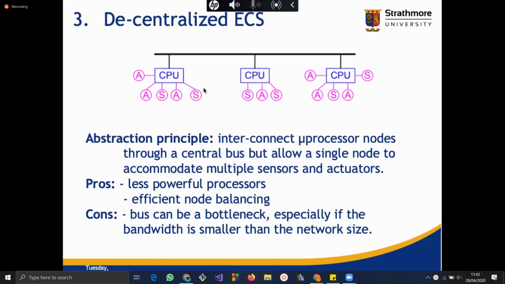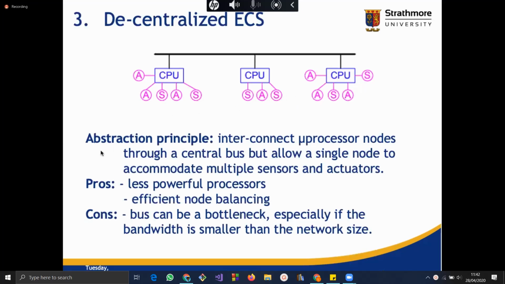So you'll have 3 sensors on that, and if you want it to do more tasks, you'll have more actuators.